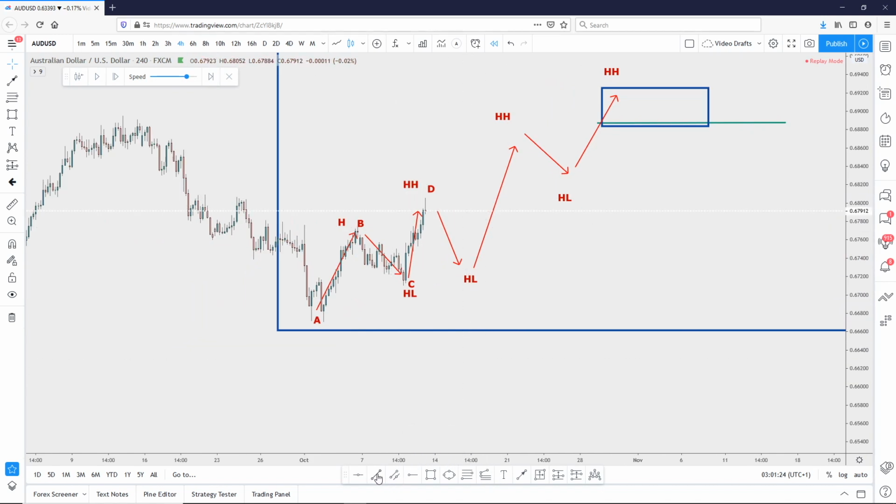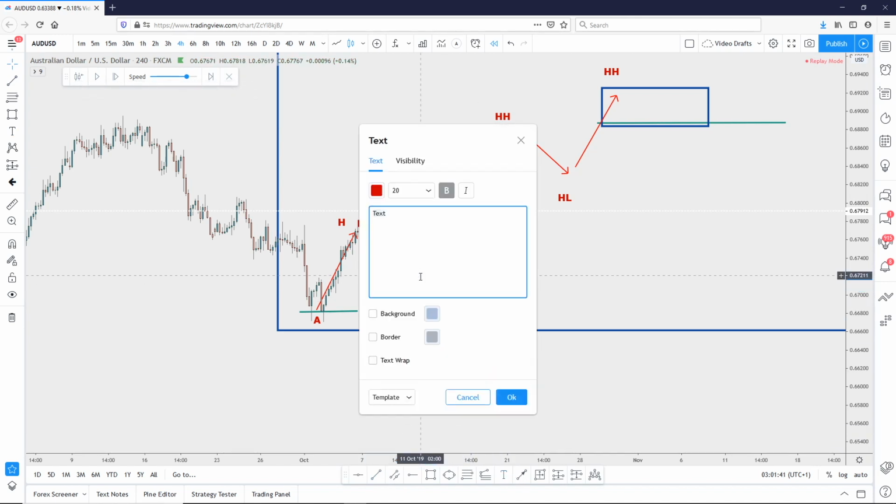One second here, let me draw it in. Say this was a support area. We decided to buy here on the last retracement level. We placed a buy. Let me write in the word buy.